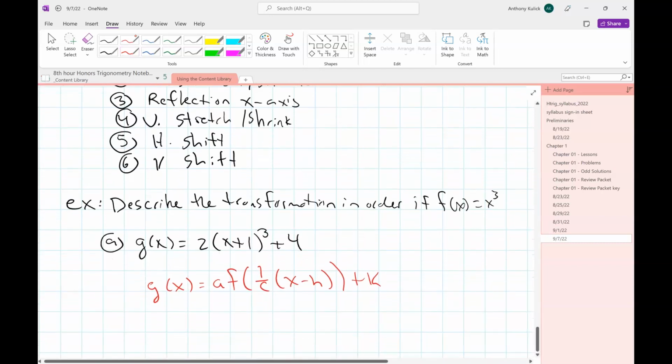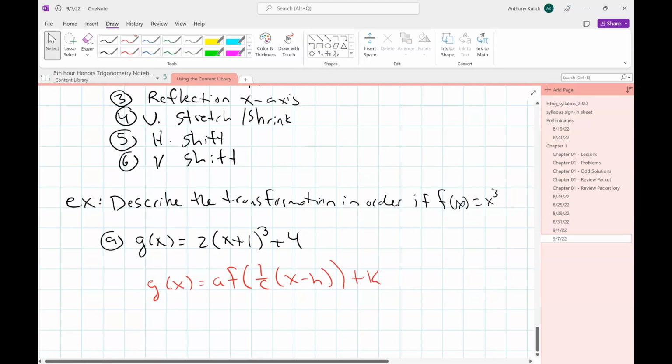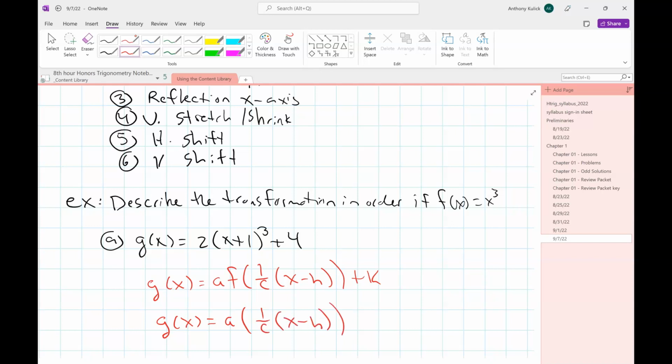This is the general form for any transformation that we wrote earlier, right? This is our resultant function. Since I know my f of x is x cubed, I can rewrite this where my f is now x cubed. Everybody's cool with what I did there?